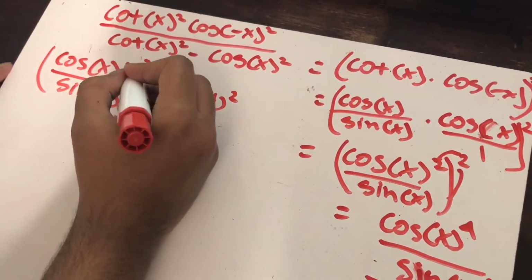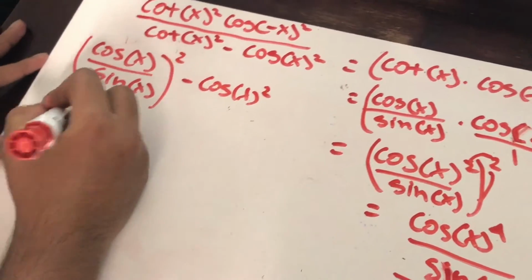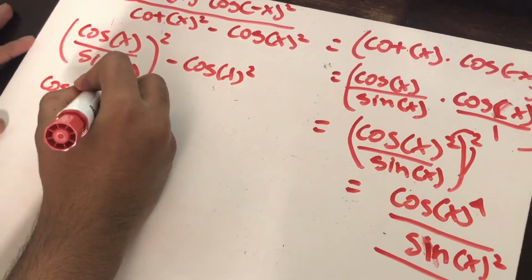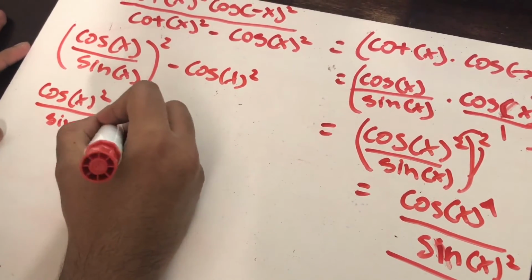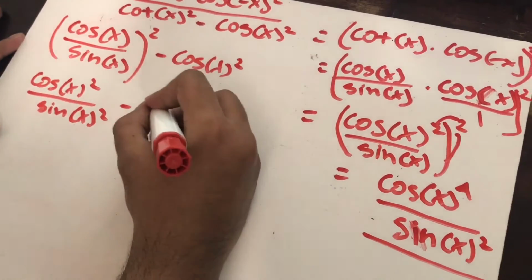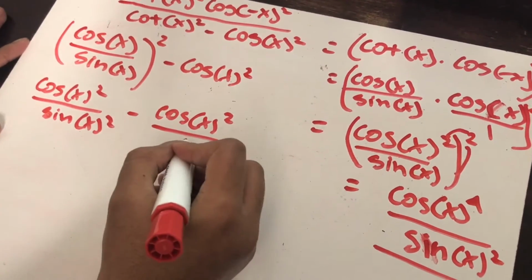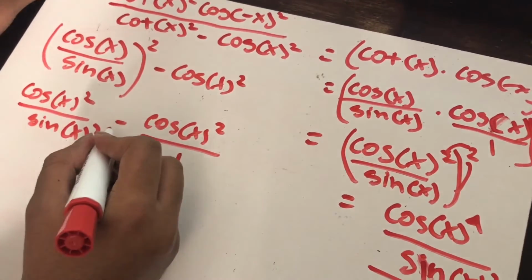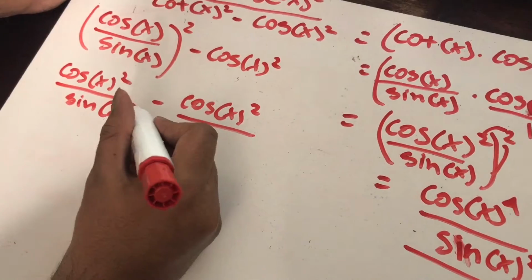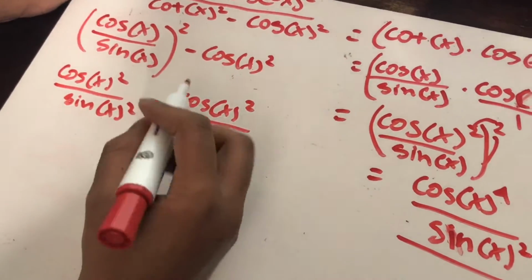Now I'm gonna bring in that 2 to the inside, so it's gonna be cosine of x squared over sine of x squared minus cosine of x squared. I'm gonna write a 1 as a placeholder. Now because it's not in multiplication and it's in negative, I'm gonna cross multiply. That's the only way to do it.